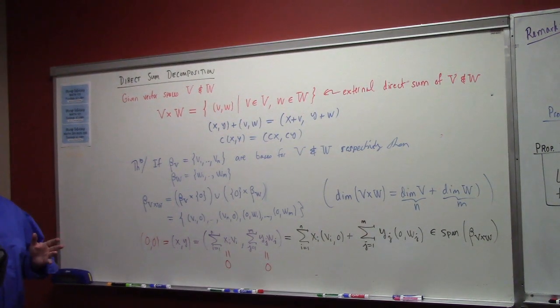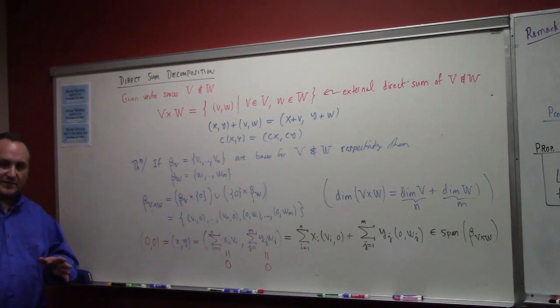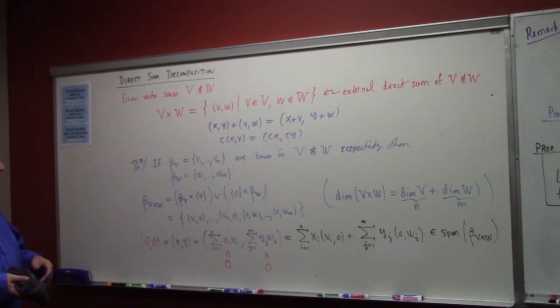It would not be true that V internal direct sum W is equal to V Cartesian product with W. The question you're asking is when are they isomorphic? They would be isomorphic when V intersect W is 0.